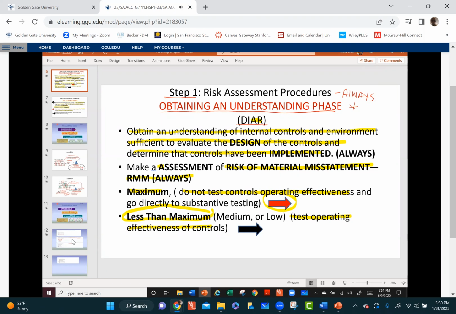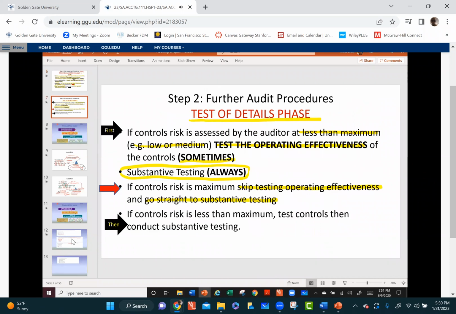And so I will then assess that at less than the maximum if I like the design and it's been implemented. If I assess it at less than the maximum, then I have to follow that black arrow, and you can see on the next slide that I will first test the operating effectiveness of the controls. So I will probably pull a sample of transactions to look to see if the control was applied. If there's some sort of inventory count that's done on a daily basis, I might pull a sample of 50 days' worth of transactions and look to see that they were signed off on.